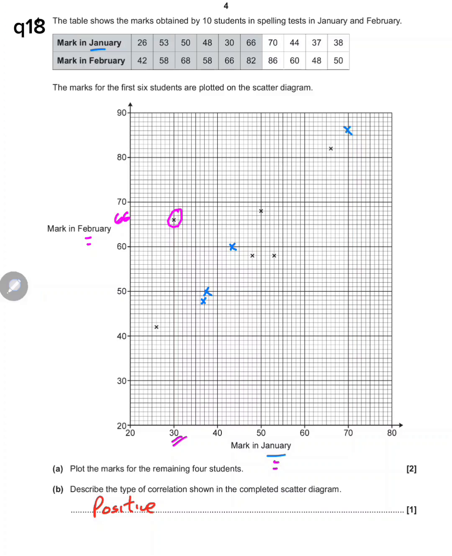And part D on the next page says, work out the percentage change for this student. So percentage change, what we need is the actual change, the difference. Okay, and we just said we went from 30 to 66, so the change is 36. They increased by 36 marks. And to get percentage change, I'm going to do that change, 36, out of the original.